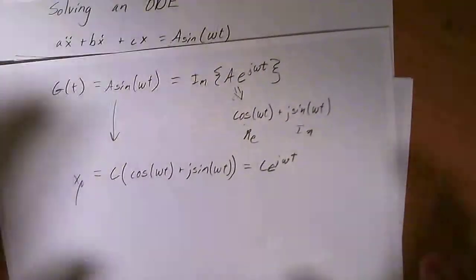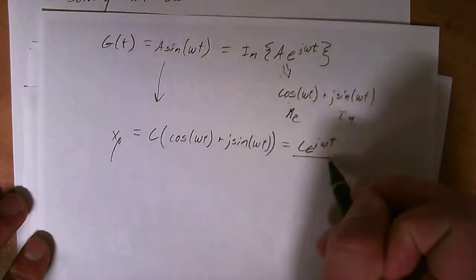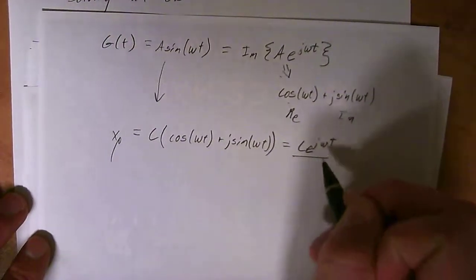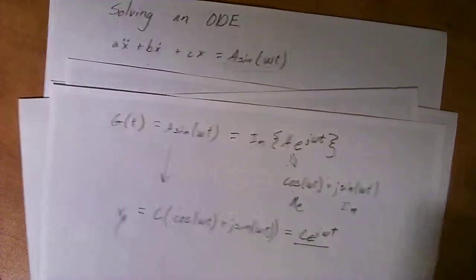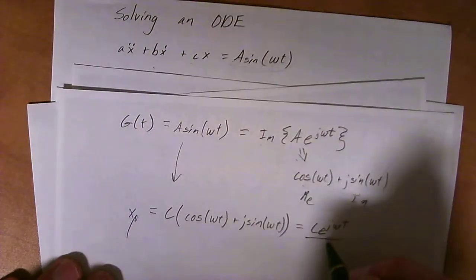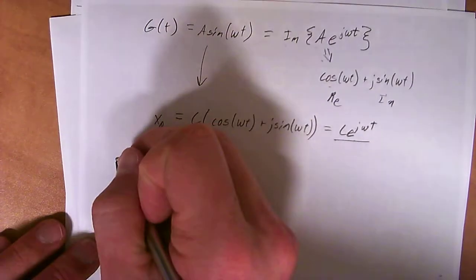Like I said, these directly convert, so we can take this part, stick it right on over here. So now we have a particular solution set up. If that's our particular solution, we should be able to substitute it back in for x into the differential equation back up here, taking the derivative as we go along.